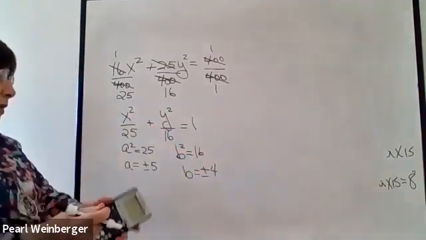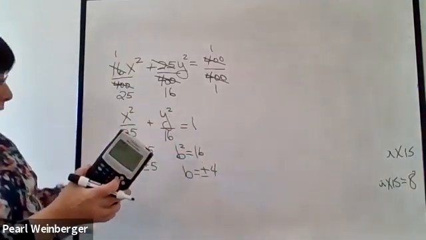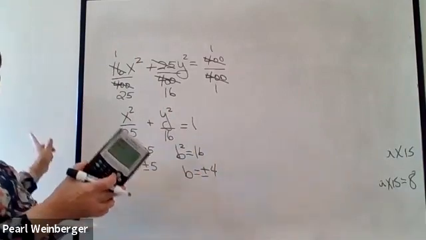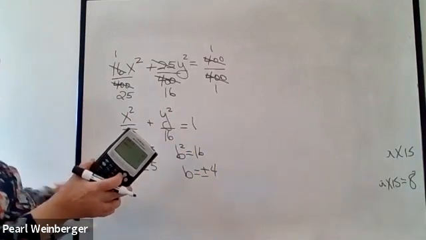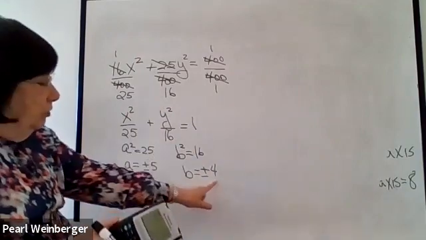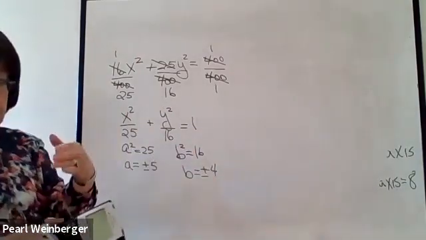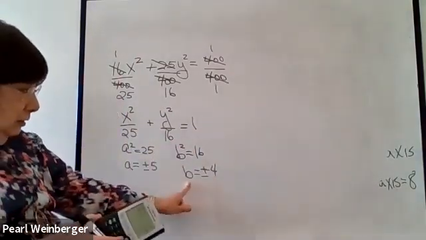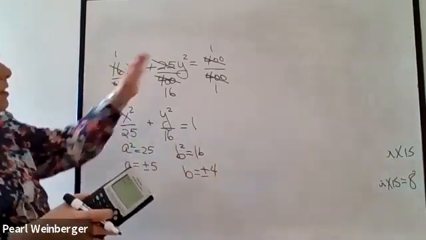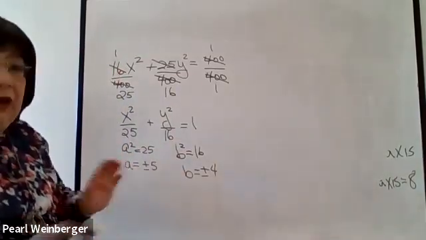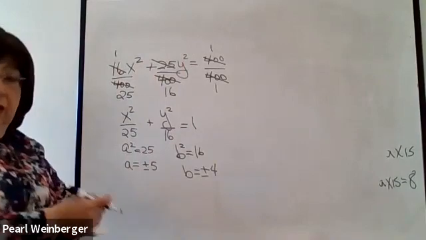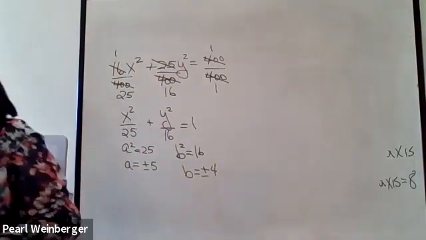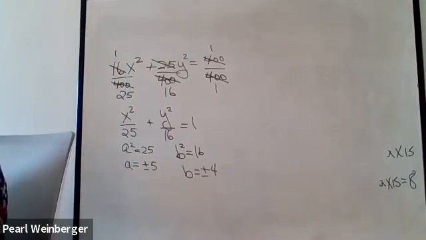And just as we had before, we go to 5 and negative 5 on the x-axis, because that's the a. We go to 4 and negative 4 on the y-axis, because that's the b. And then just connect it, and we would have our ellipse. So basically, that's all you really need to know about an ellipse.